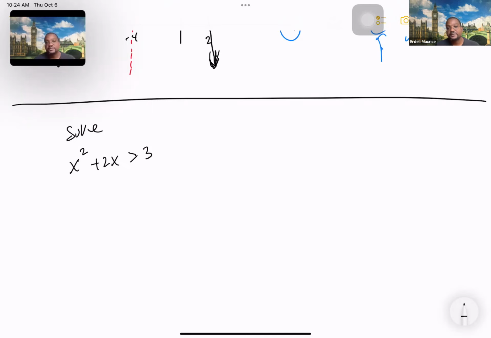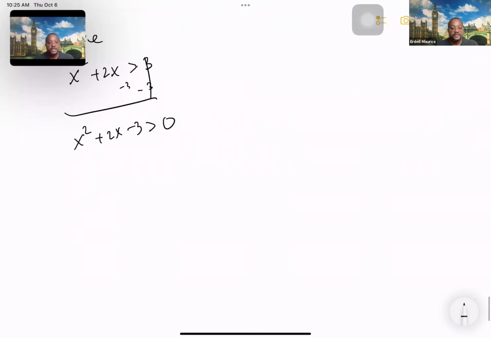Well, to solve this, you're first going to have to move the 3 over. And so it's going to be x squared plus 2x minus 3 is greater than or equal to 0. And then you're going to have to factor this. This factors into (x plus 3)(x minus 1) is greater than or equal to 0. And this is when our problem starts to occur.